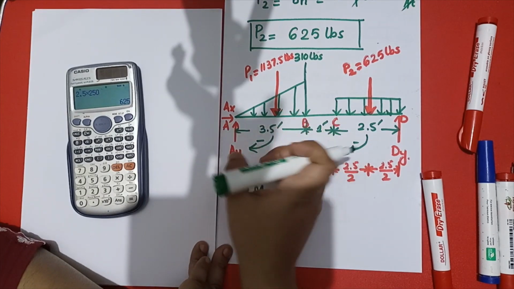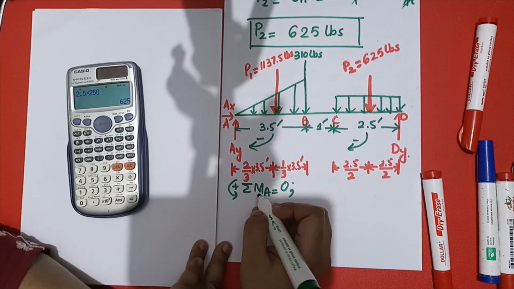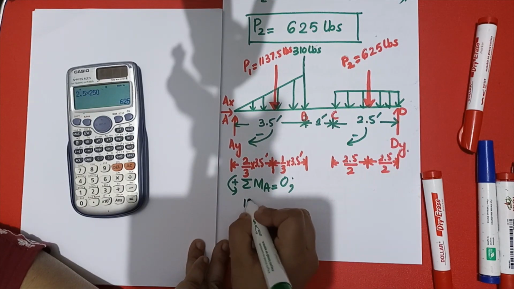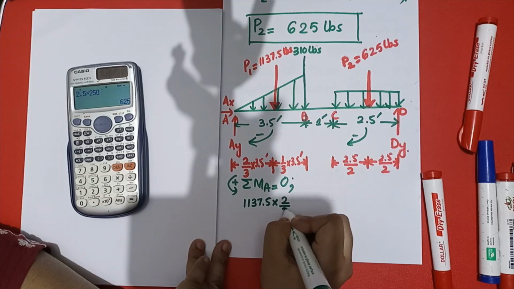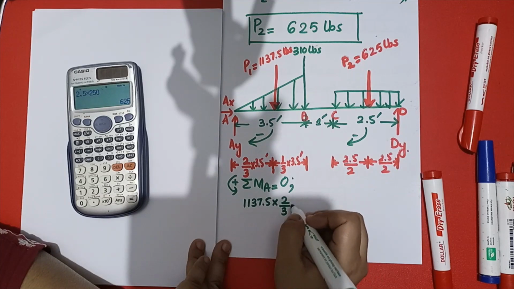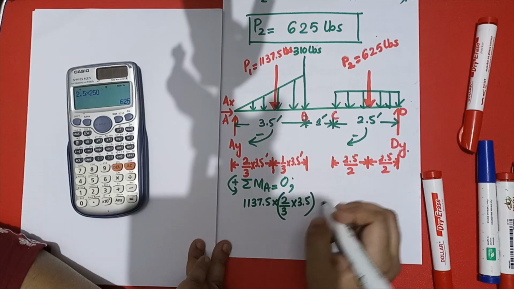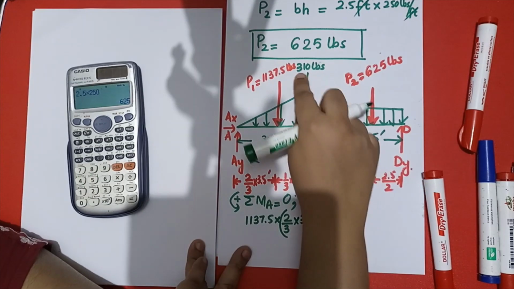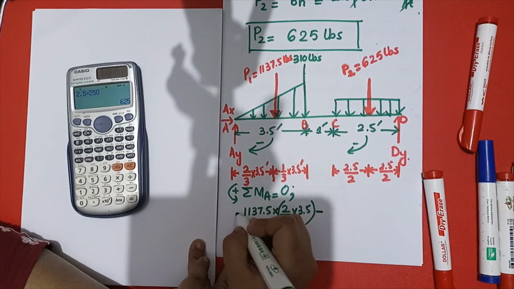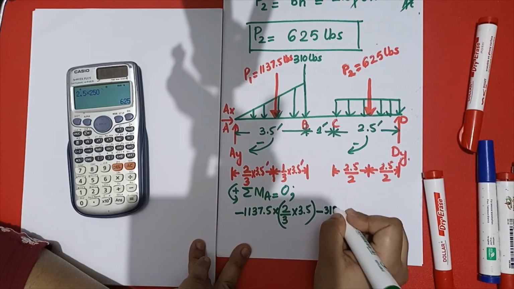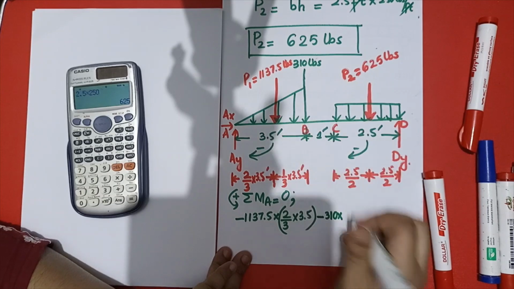So the moment arm will be 2 by 3 into 3.5, and it will be written like this: 1137.5 multiplied by 2 by 3 multiplied by 3.5. This is the moment arm. Then we have the 310 pounds force, so minus 310 into 3.5, which is the moment arm from this point of load.